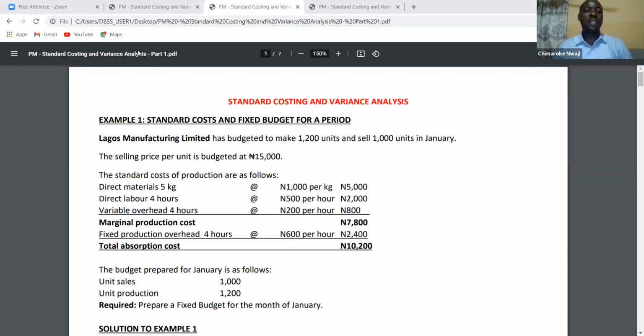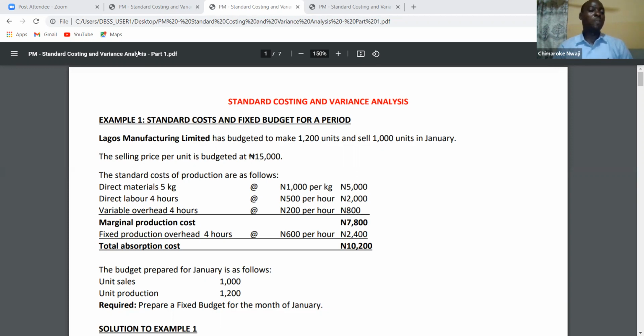The selling price per unit, now that's standard when you see per unit, the selling price per unit is budgeted at 15,000. So even if they use budgeted, but it is per unit, you know it is standard. So the standard selling price here is 15,000 naira. The standard costs of production are as follows. So now you have standard. So all your mind will be thinking about one unit.